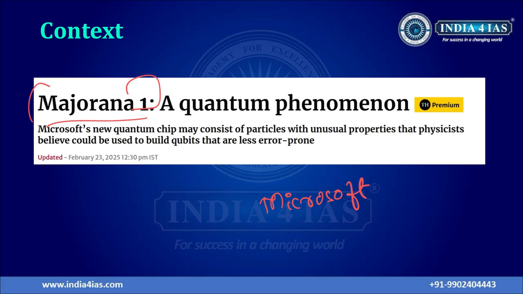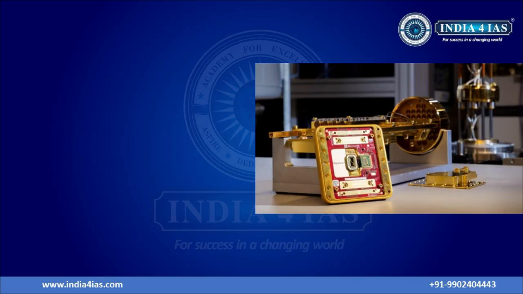So these chips so far we used to manufacture at micro and nano scale. Now the chips are being manufactured using quantum technology. So Majorana 1 is the world's first quantum chip based on topological core architecture. So that is the speciality of the Majorana 1. In the following image we can see the Majorana 1 chip.